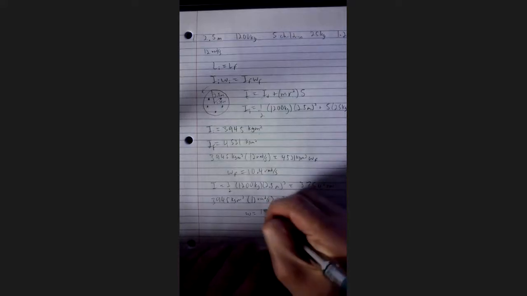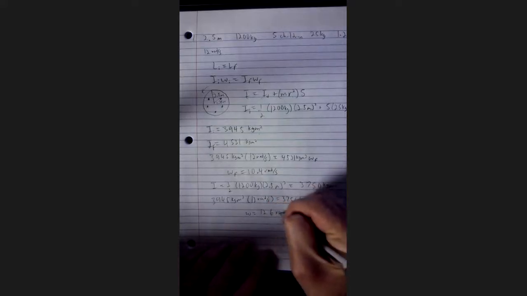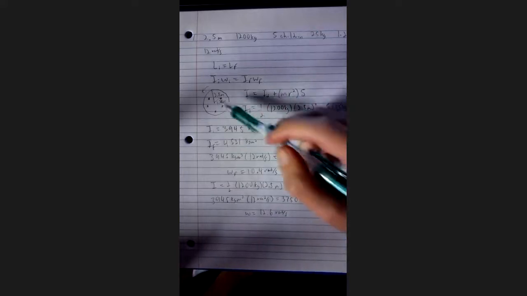So our angular velocity then would be 12.6 radians per second. So the vast majority of the moment of inertia was from the disk, but if the kids wanted to go as fast as possible, they could limit their moment of inertia either by jumping off or by moving to the very center. And then the angular velocity would be 12.6 radians per second.